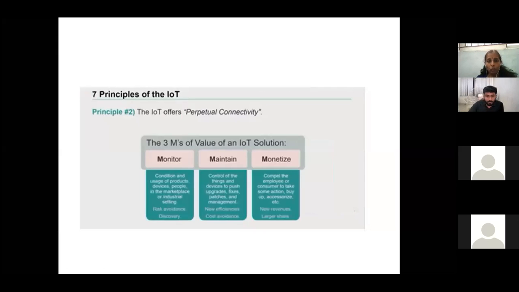The second one is that it offers perpetual connectivity. It focuses on three different M's. It is able to monitor the condition and usage of product, device, people, and marketplace. It is used to maintain, that is, control the parameter at a particular value.